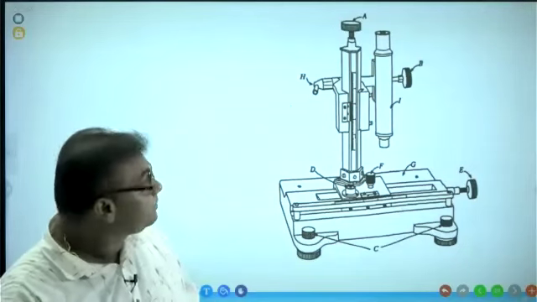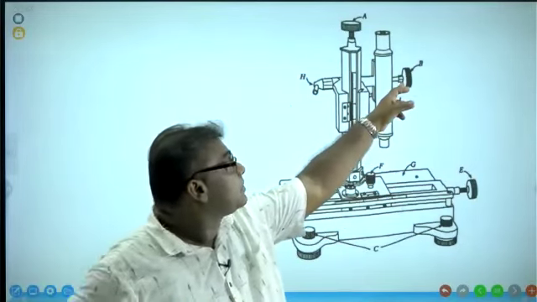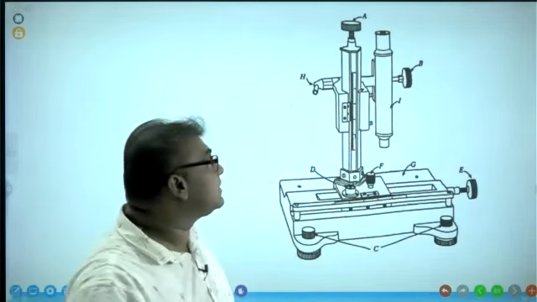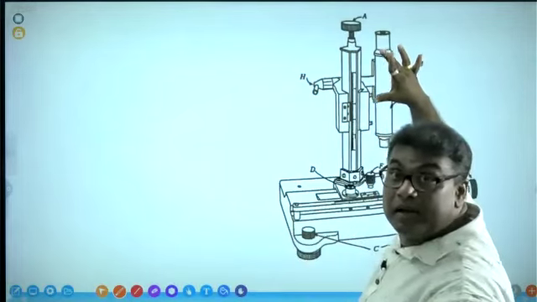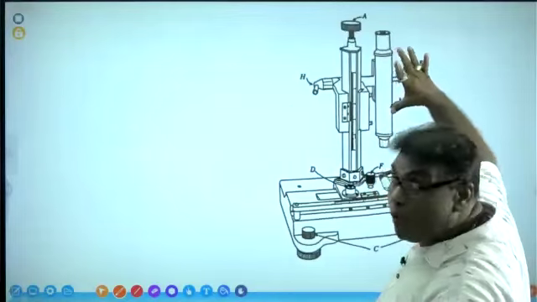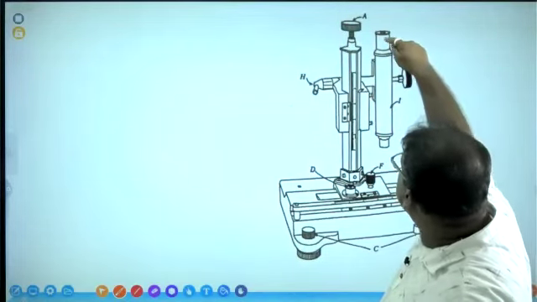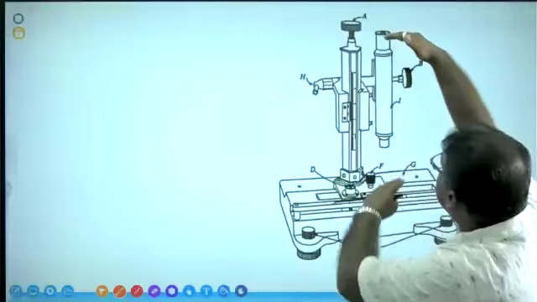Okay, the next one, B. B is the microscope adjustment screw. By turning this one, this is an already focused one, and the length of this one won't be changed. This length is a constant.